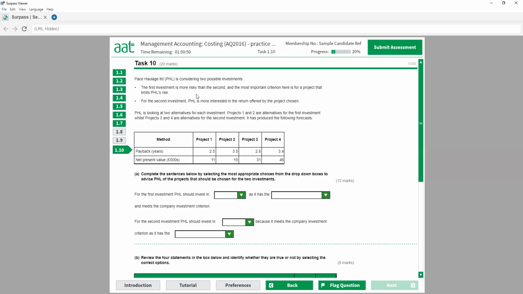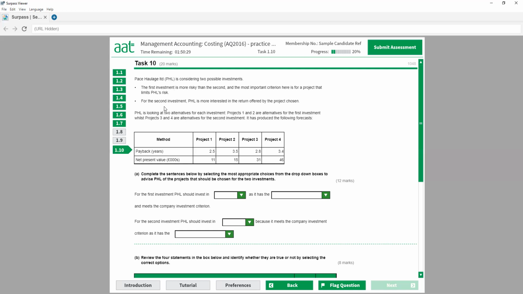That means they want the investment back as soon as possible. So they are not worried about how much they will get, but they are worried about how quickly they will get it. So you understand the first one is talking about the payback period, because payback always talks about how quickly we'll get our investment back.